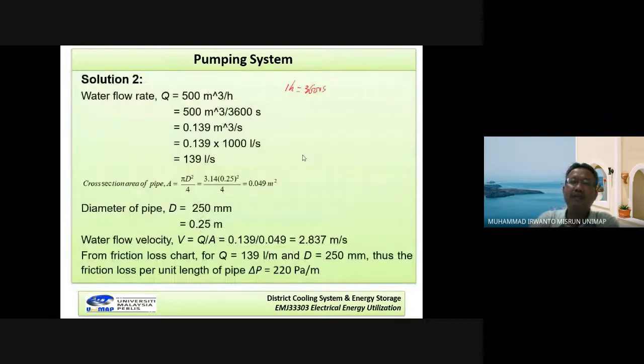So 0.139 meter cubic per second is converted to liter per second, because 1 meter cubic is equal to 1,000 liter.